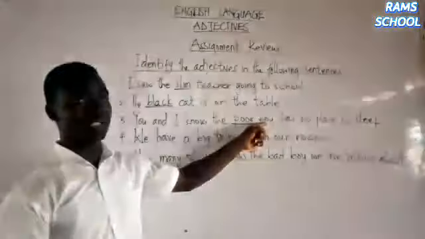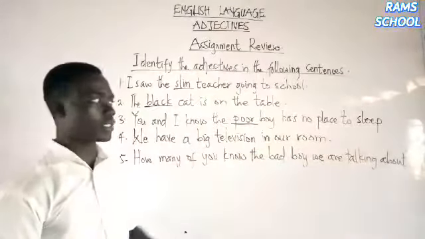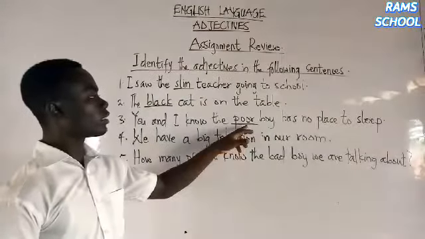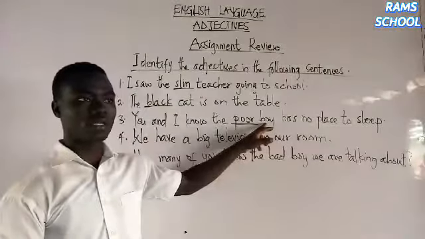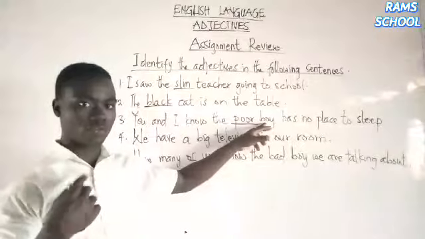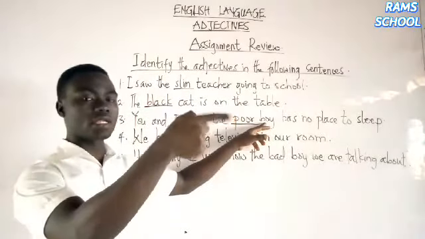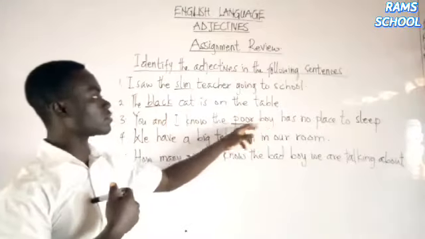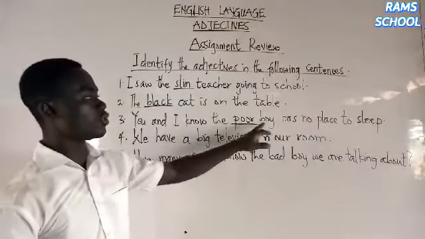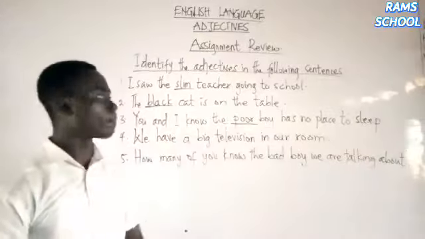You are right to say it's being used to describe the boy, because the poor here, serving as the adjective, is attached to the boy. You are talking about the boy, not ourselves. So the poor is the adjective being used to describe the boy.